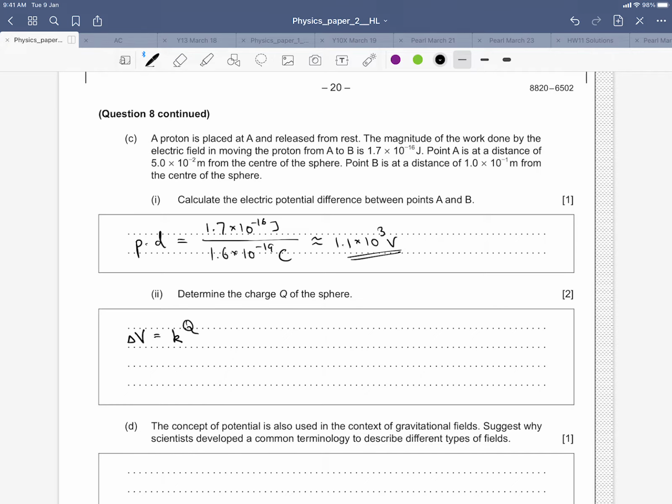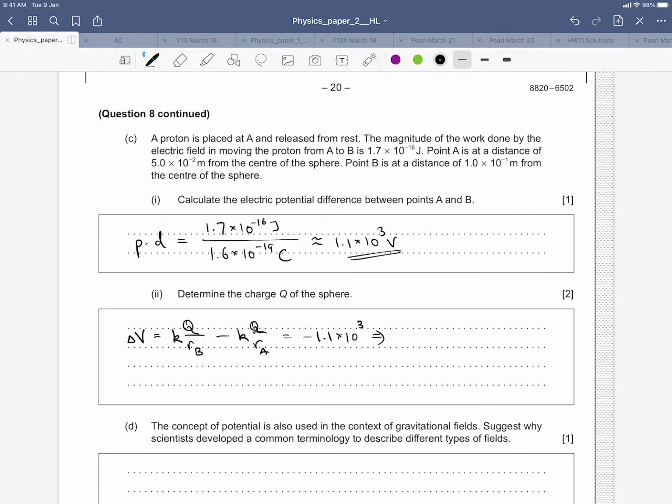My final value is the value at B, my initial value was the value at A. Remember, delta is always the final quantity minus the initial quantity. And I have to be careful here: I know that the potential decreases, and the potential decrease is 1.1 times 10 to the 3 volts.